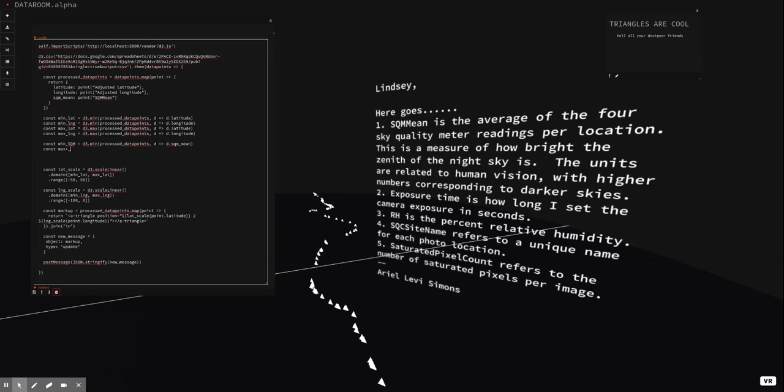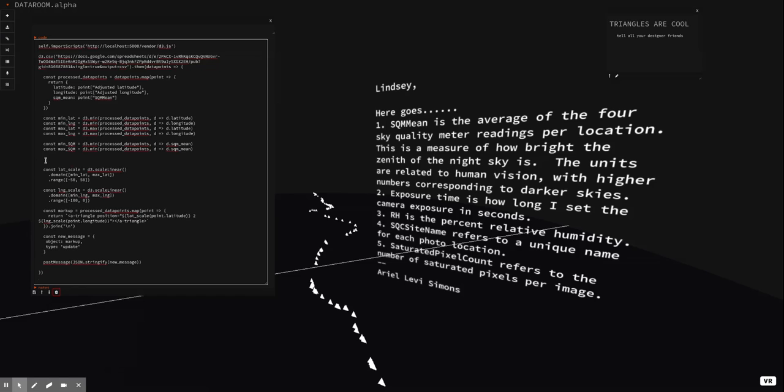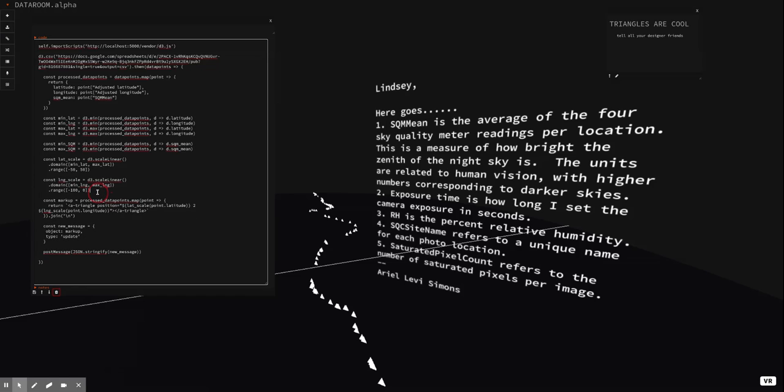Then max SQM equals D3 max process data points. So we have this range, and so let's get that range now. We have the SQM mean lat long. So let's do this range.